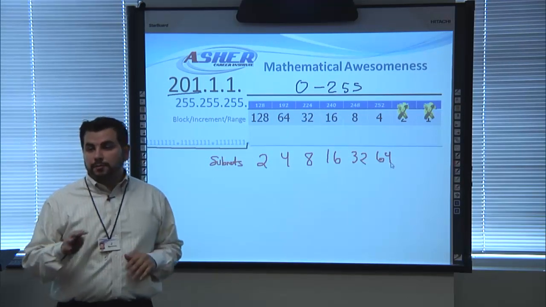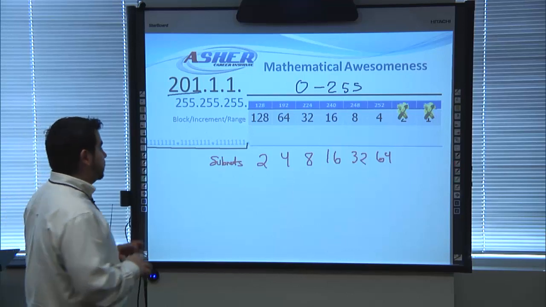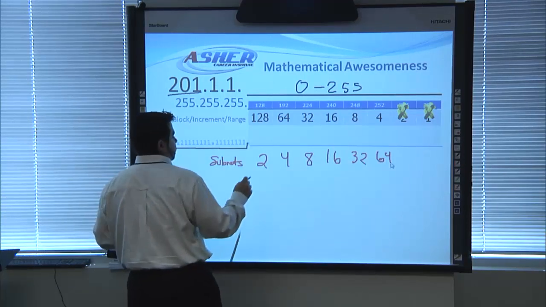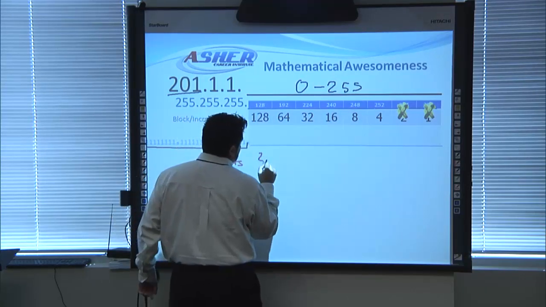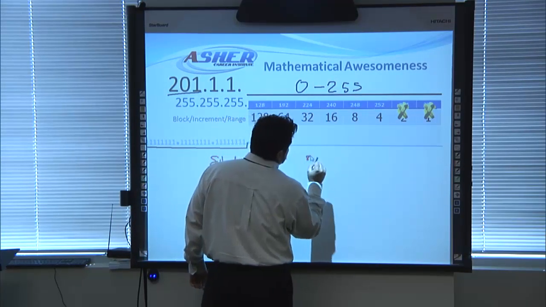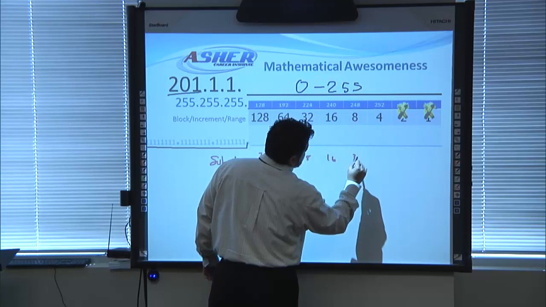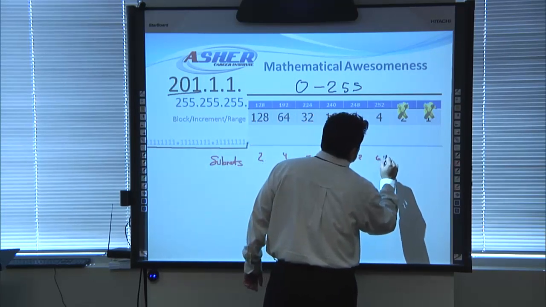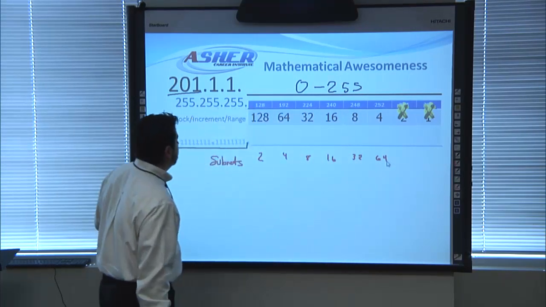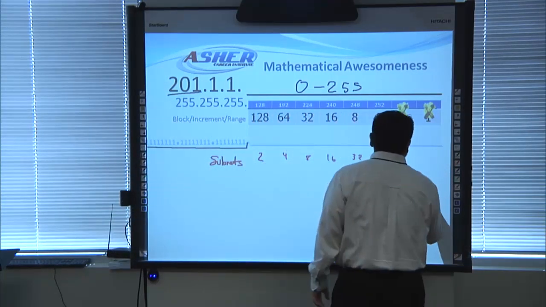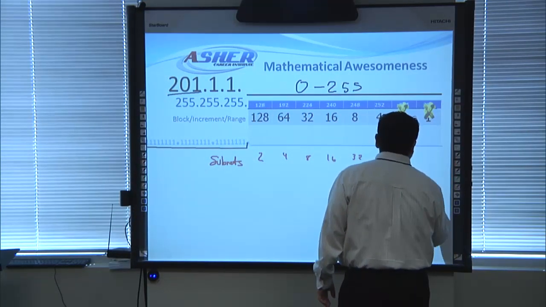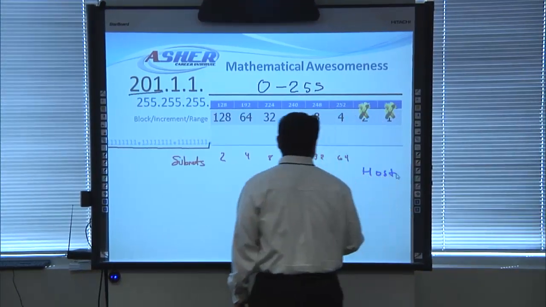I can't get anything else beyond these numbers. These are the max or the minimum or whatever you want to call them of subnets that I can possibly get. I'm going to write them smaller. Okay. All right. Now, the last thing I've got to finish visualizing is my number of hosts.